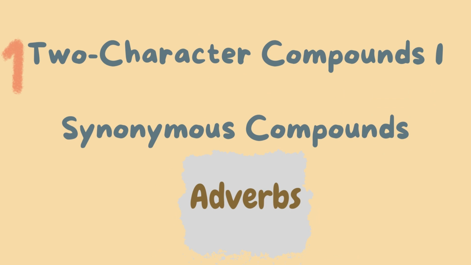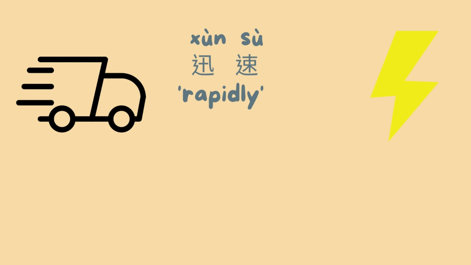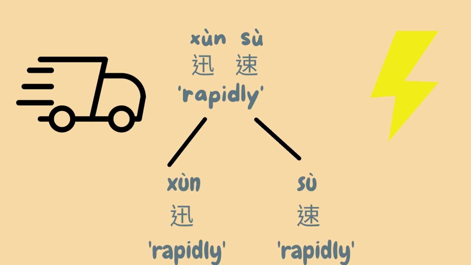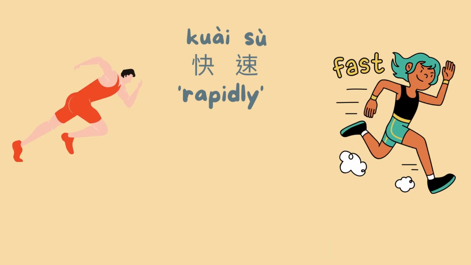In the final section of this part, we're going to talk about adverbs. The first example is 迅速, rapidly. Both the constituent characters 迅, rapidly, and 速, rapidly, are synonymous with one another and with the word they form. 迅速, rapidly.